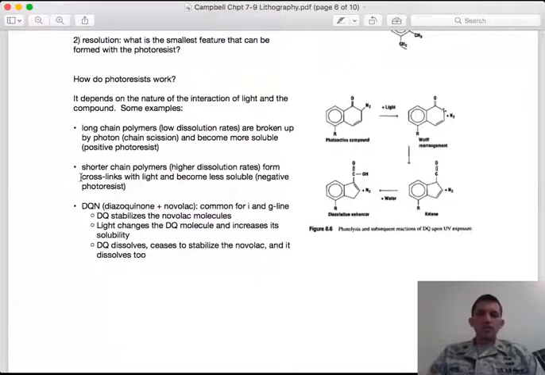So if you have short chain polymers and you have all of these UV photons initiating them to bond with their neighboring polymer chain to form a crosslink, then what you're doing is you're taking a lot of short chain polymers and you're creating one basically huge molecule as they all crosslink with each other. And the more that you do this, the less soluble it becomes, right? Because now you need to remove a big interconnected molecule as opposed to a smaller polymer chain.